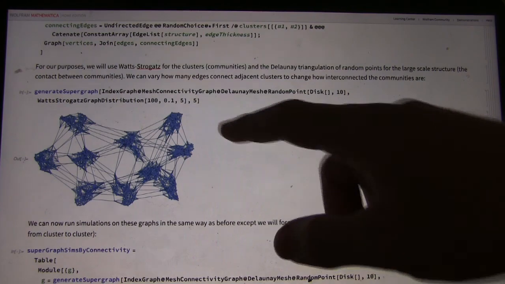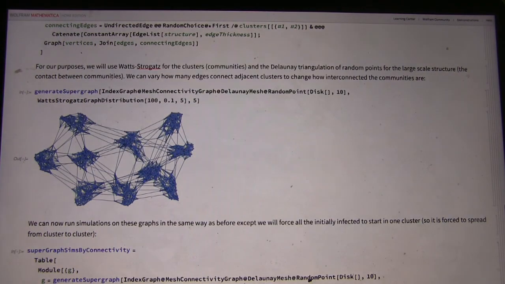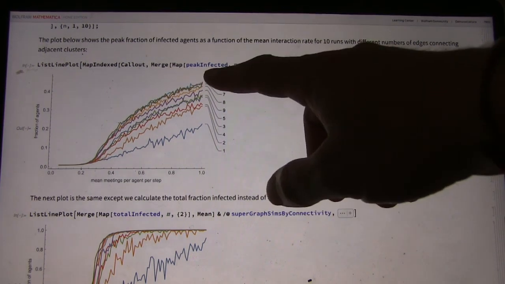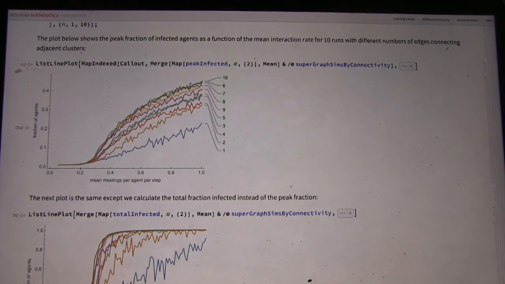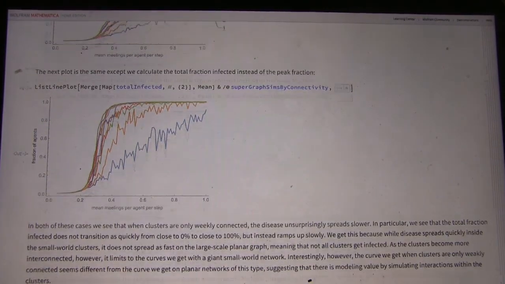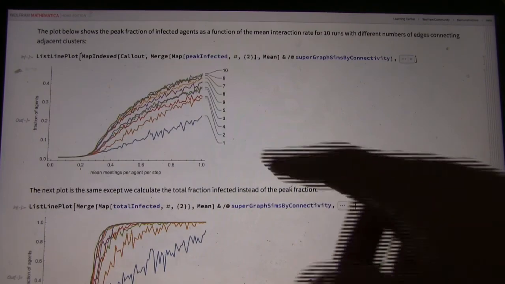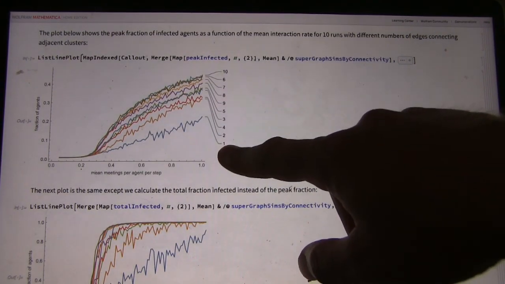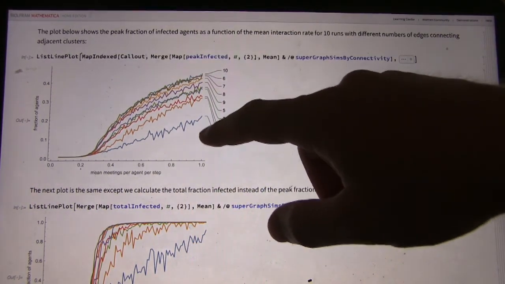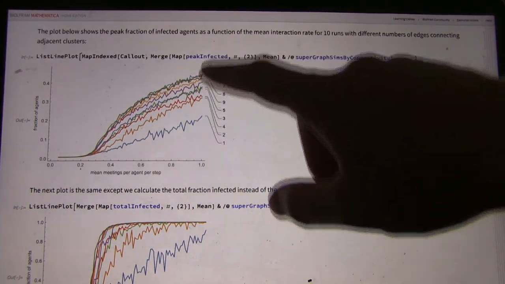So this is like cities with connections in between them. And so here is the peak infection rate and the total infected rate. And it was only when each city had one connection between them, this jagged line, that the infection didn't spread.